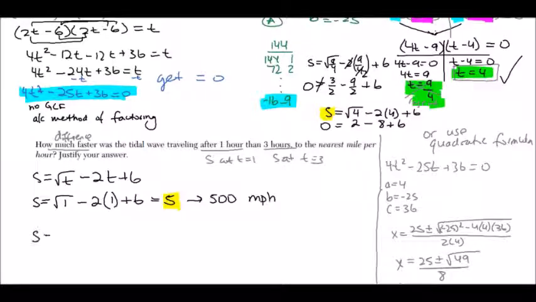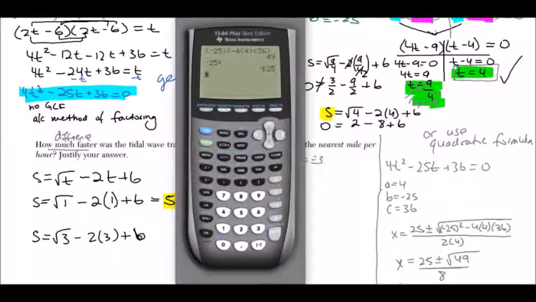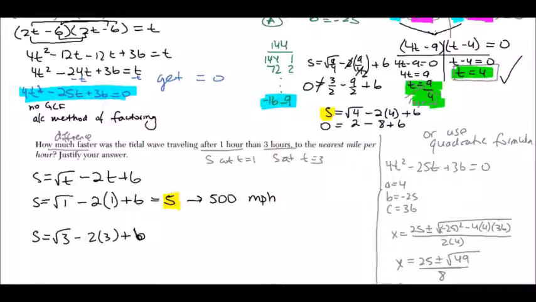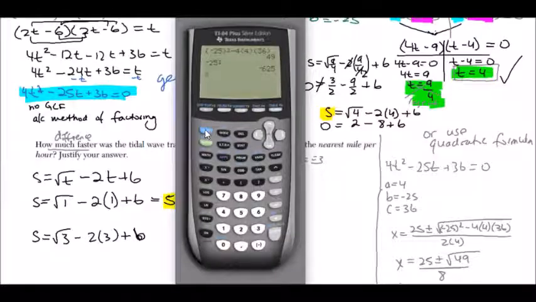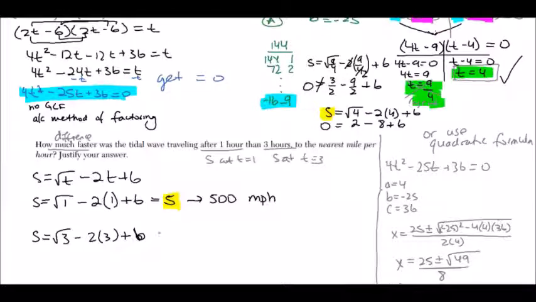The second one here is going to be the square root of 3 minus 2 times 3 plus 6. Now, we cannot actually get the square root of 3 mentally here, so we have to use the calculator. What we're going to get is the square root of 3. That's 1.732, and that's about as far as you really need to go.